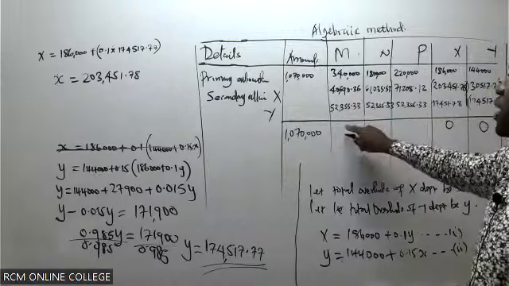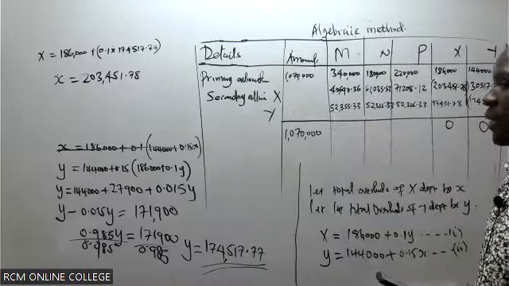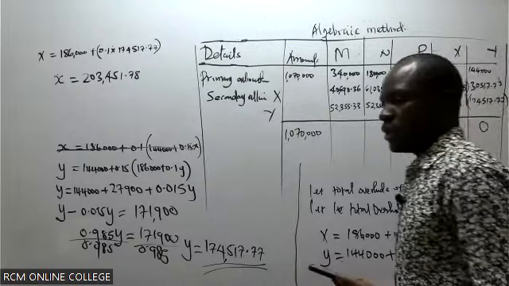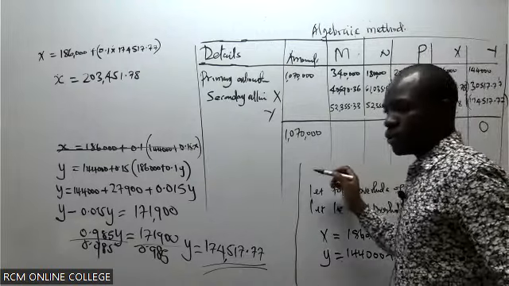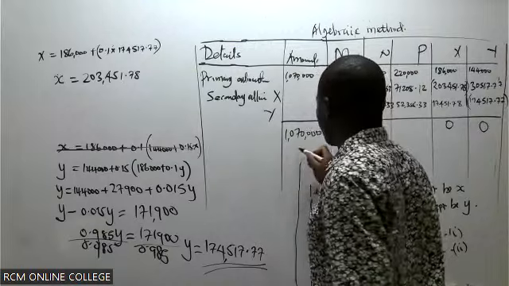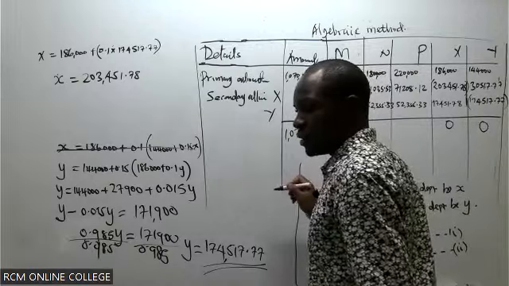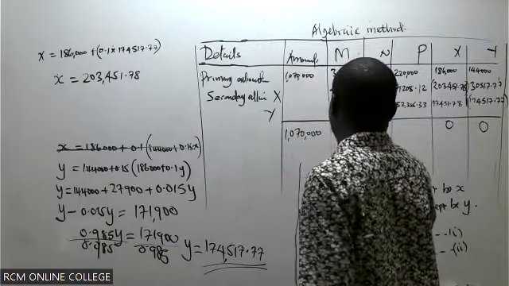And at this point, you can decide now to give us a whole number. 293 for M, 293,390, so the 391.